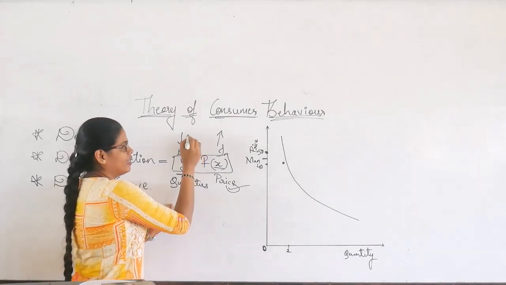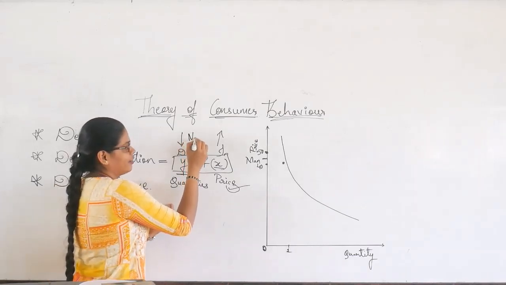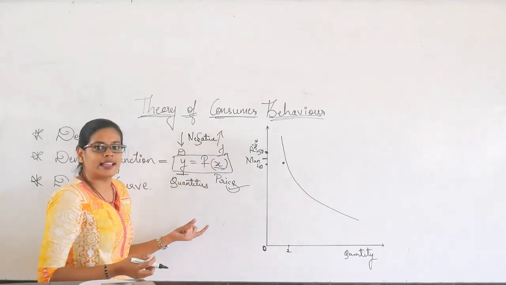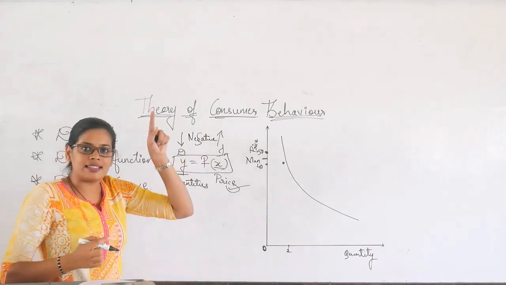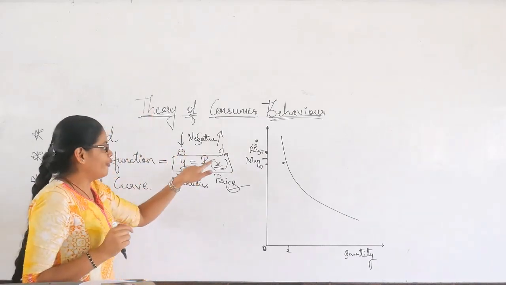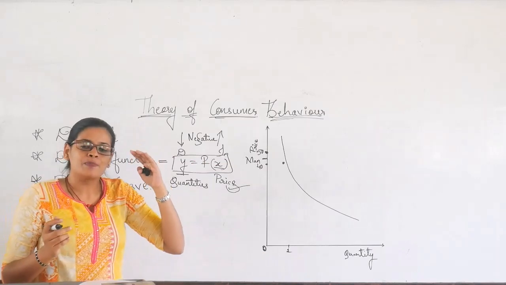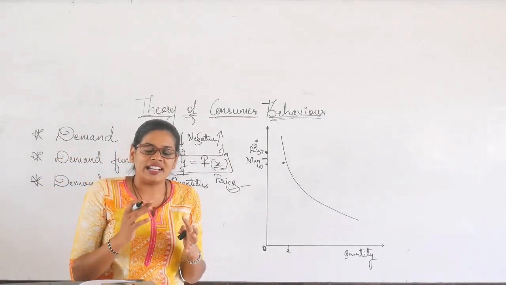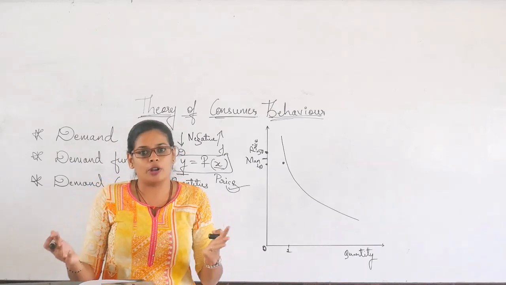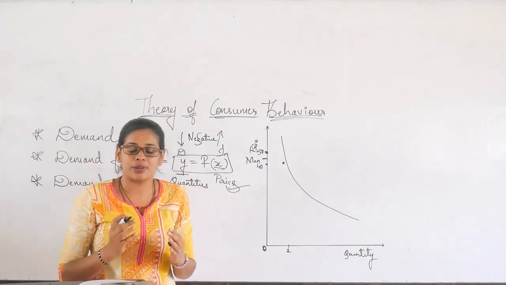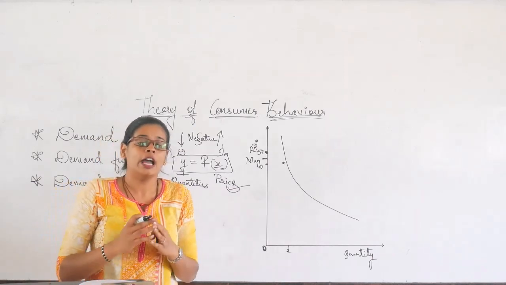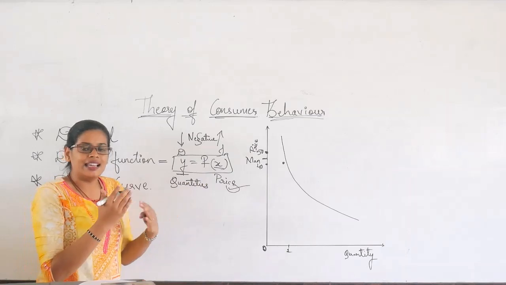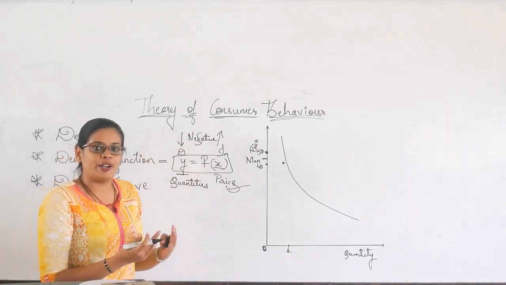That's the reason we call it a negative relation: when one rises, the other decreases. If the price of the commodity decreases, the consumer tends to buy more because he has more liberty to buy more goods.